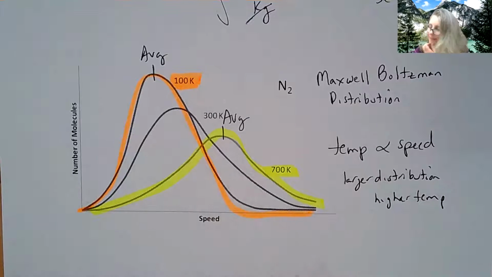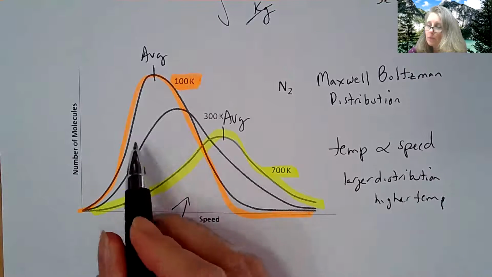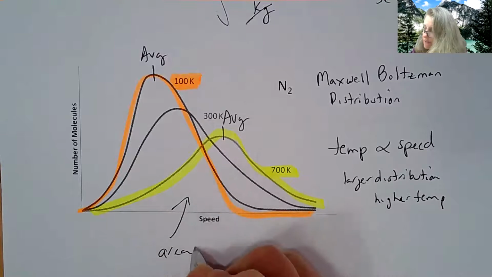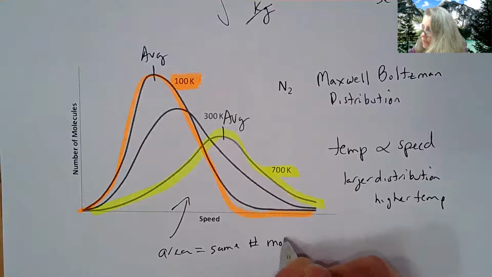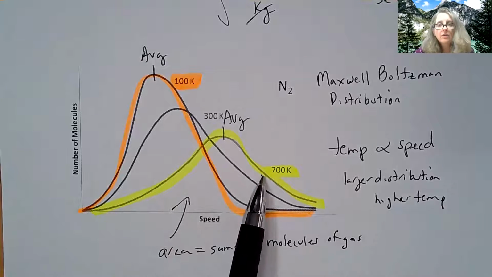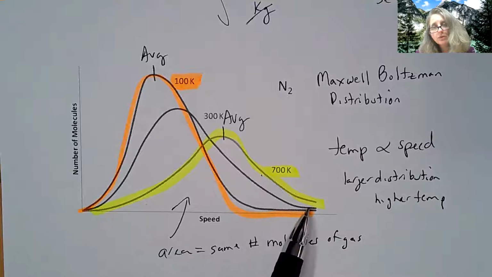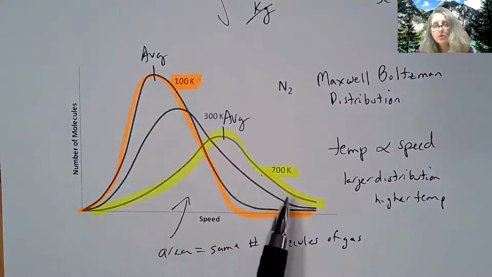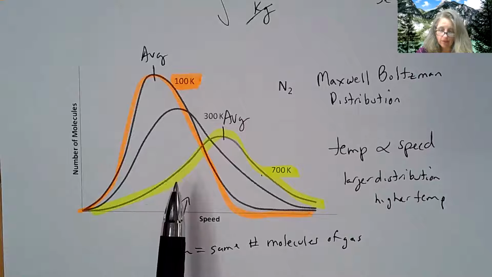Now realize that if I were to take the area underneath both of these curves, I would have the same number of particles, the same number of molecules of gas. The only difference is at a higher temperature, I have a larger distribution. So I have a much larger span of speeds than I do at a lower temperature.